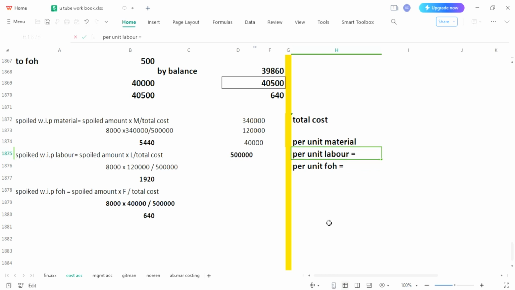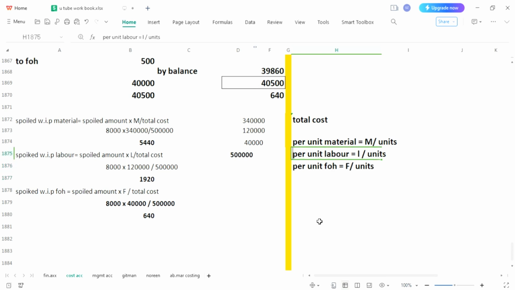Method is very simple, and per unit cost formula is universal. Total cost of material divided by units, and same formula will be used for labor as well. You need to have total cost of labor divided by units, and then for FH, total cost of FH would be divided by number of units.